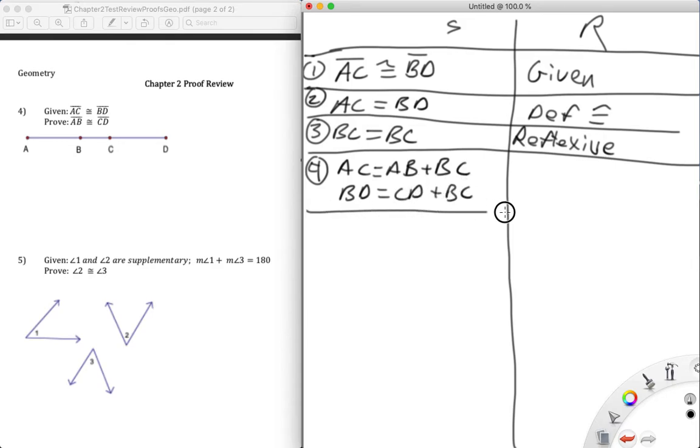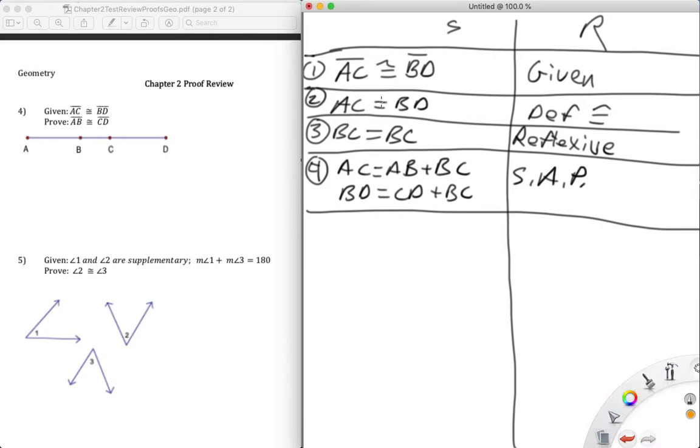And the reason I can say that is because of the segment addition postulate, which says that the two smaller segments, in this case BC and AB, add up together to make the bigger segment AC. And the other segment, BD, is brought together by adding the segment CD and also BC.